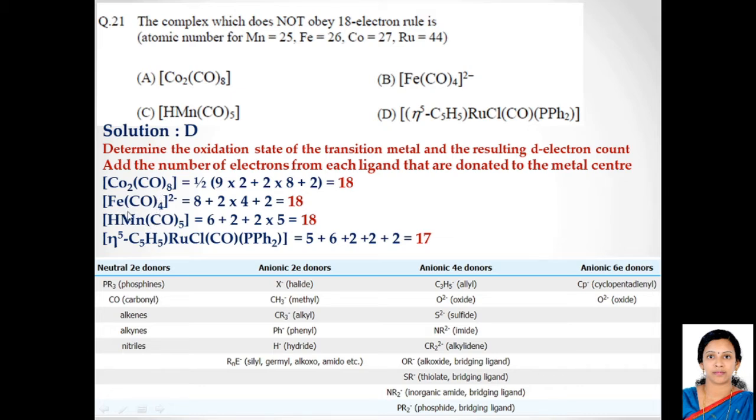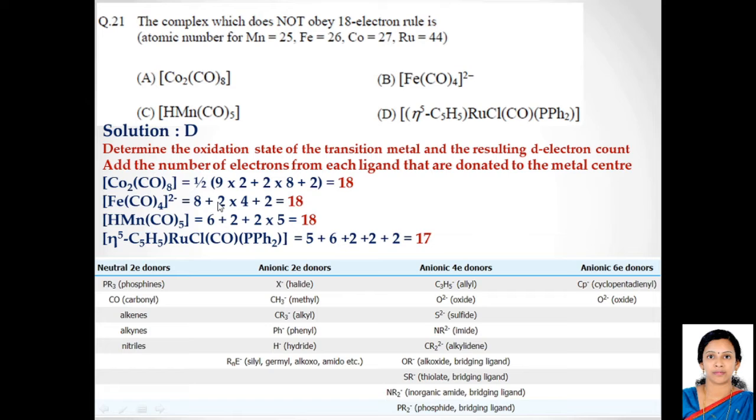Moving on to the next complex, which is the iron carbonyl complex. Here you count for iron. There are no anionic ligands, so you can say iron is in a neutral state. The configuration is 4s2 3d6, so you can say 8 electrons for iron, and 2 electrons donated by each of these 4 carbonyls.